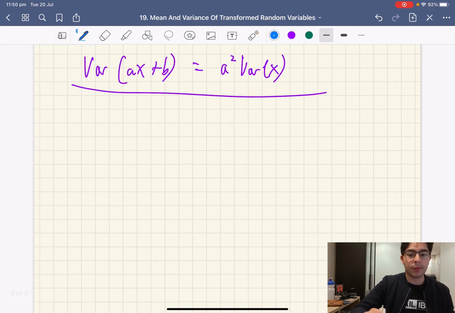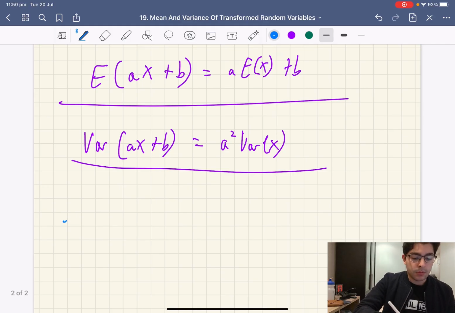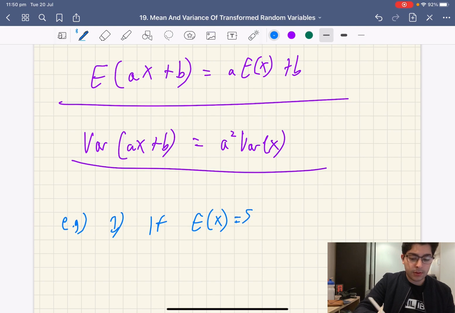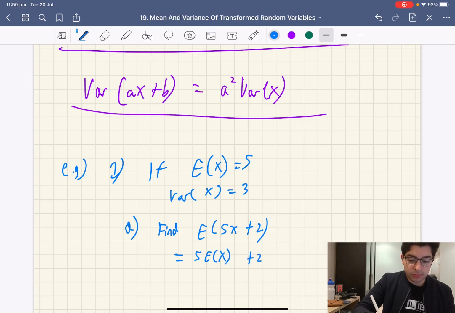So let's do a couple of quick questions to put this into practice. If E of X is equal to 5 and variance of X is equal to 3, and I want to find E of 5X plus 2, that's the same thing as 5 E of X plus 2.